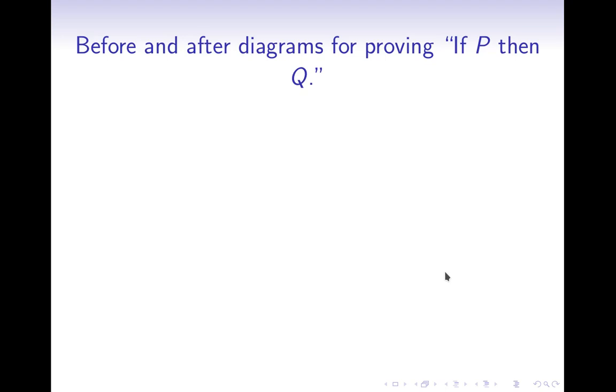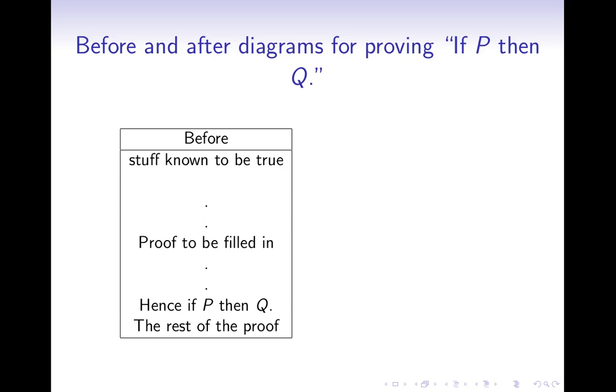And here are the before and after diagrams, which again you may or may not find helpful. So the first rectangle represents the situation where you want to prove if P then Q. You're hoping for a last line, hence if P then Q. And you've got to fill in the proof.